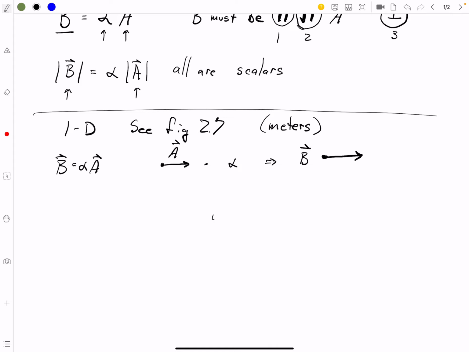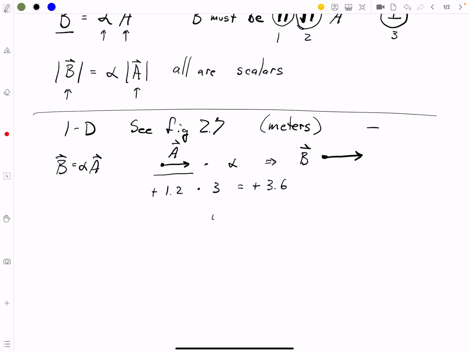Okay, so alpha times A equals B. If we put some numbers in here, we've got plus 1.2 times 3, and that's going to equal plus 3.6. So here we are pointing in the positive direction.